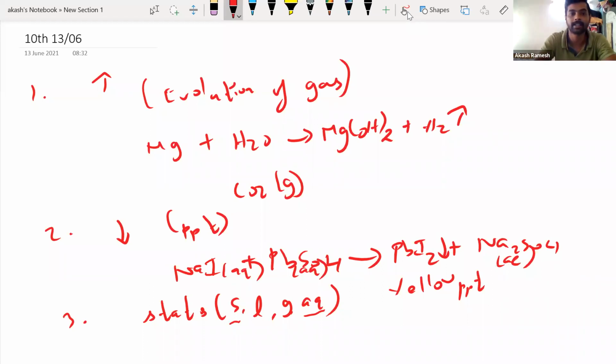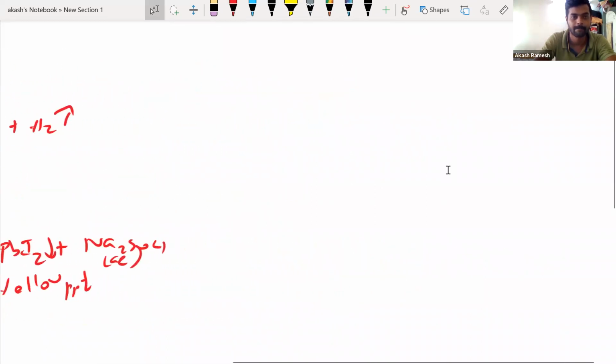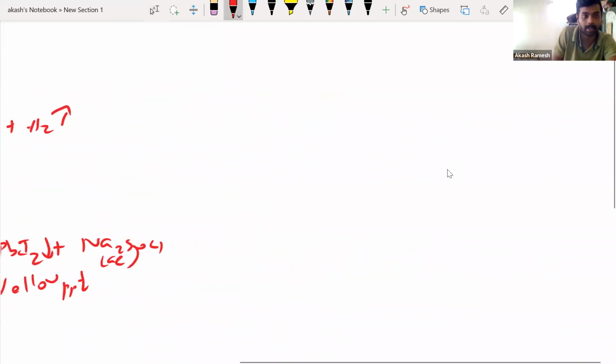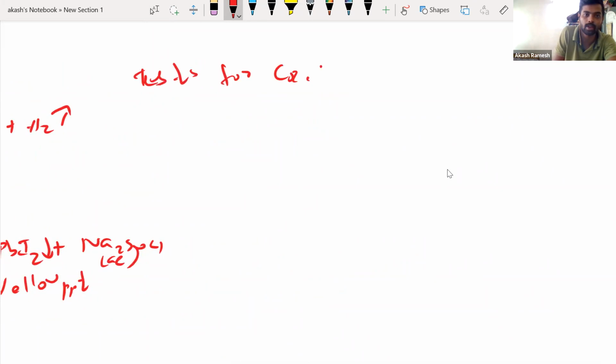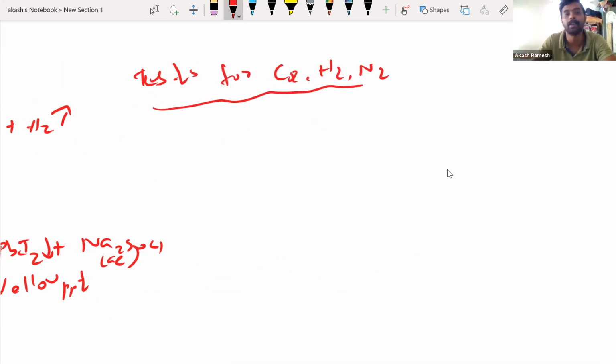And then last class what we saw is the tests for CO2, H2, and N2, right? How will you confirm that CO2 gas is getting evolved, H2 gas is getting evolved, N2 gas is getting evolved?